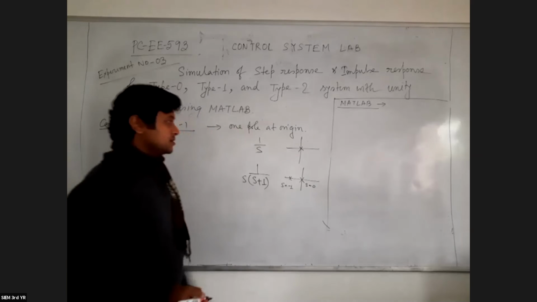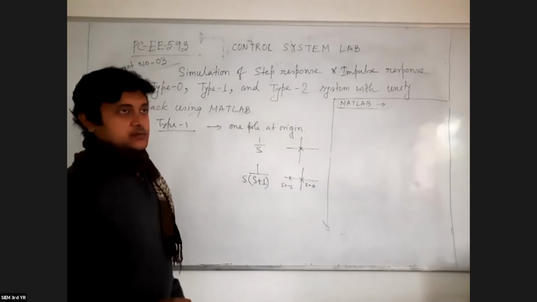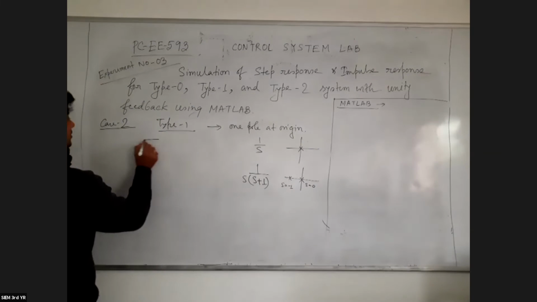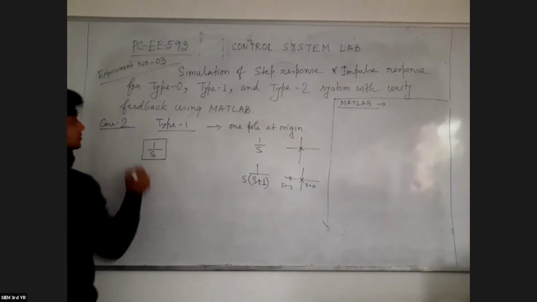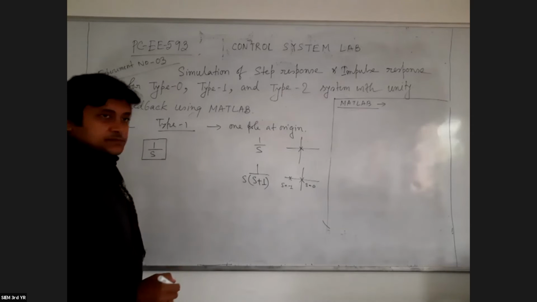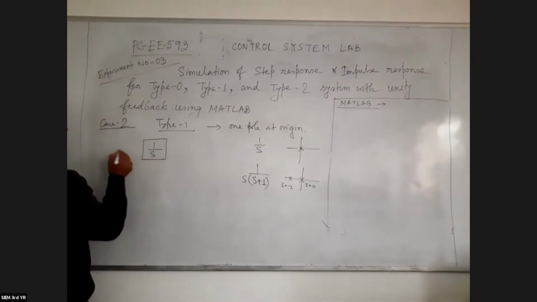So one pole is present at the origin. Let me take an example, say this 1 by s. This is a type 1 system.